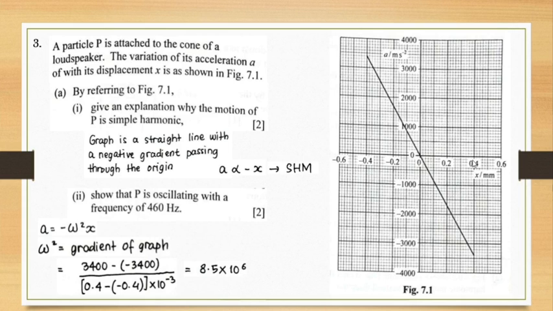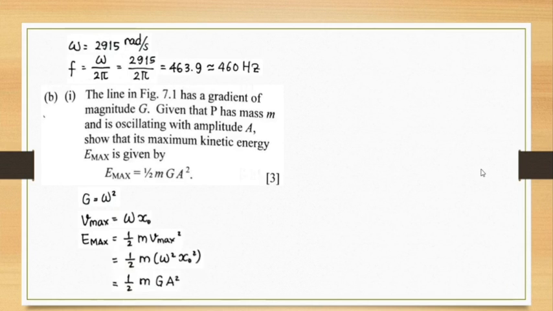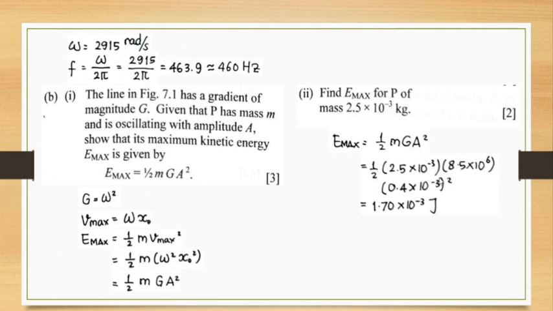We can see it in the graph. Here it is, 0.4 times 10 to the minus 3. So that is the value of the amplitude. So Emax is equal to 1.7 times 10 to the minus 3 joules.